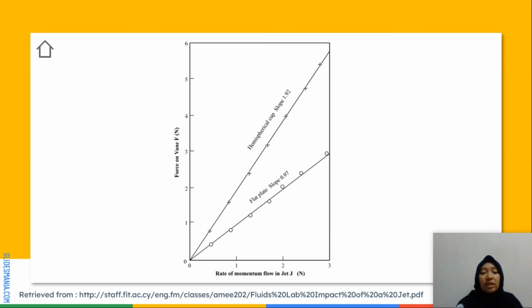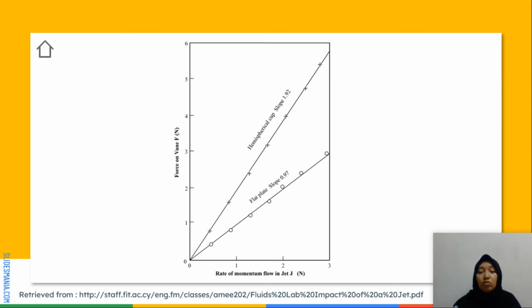From the graph, it is clear that the force produced on each of the vanes, flat surface and also the hemispherical cup, is proportional to the momentum flow in the jet as it strikes the vane. The value of flat surface is 0.97 joule compared to the ideal value, which is 1 joule.